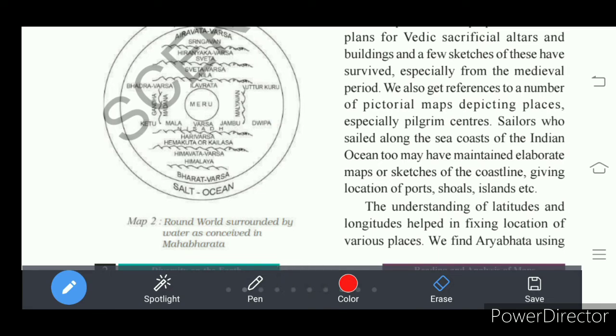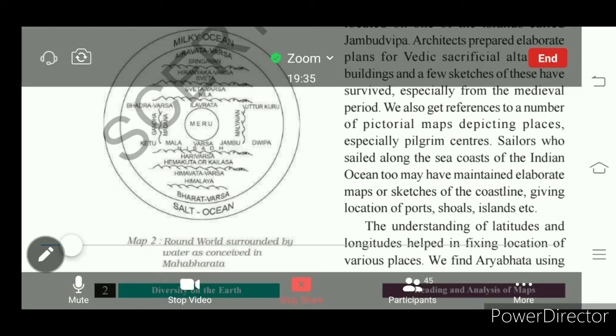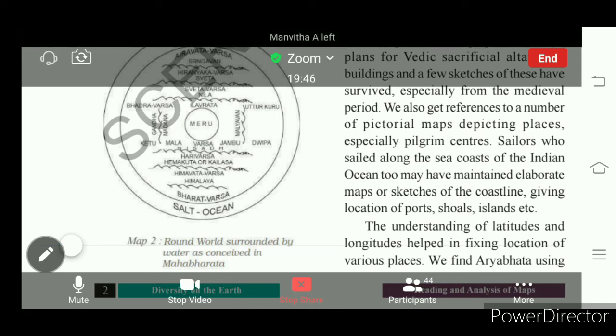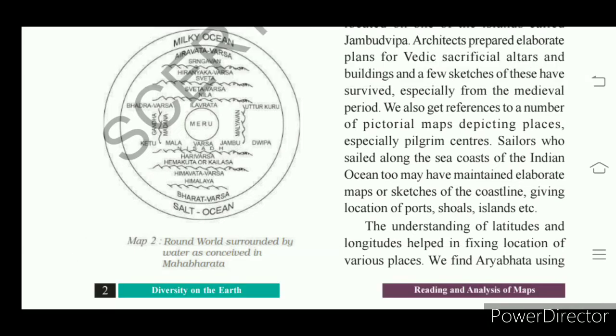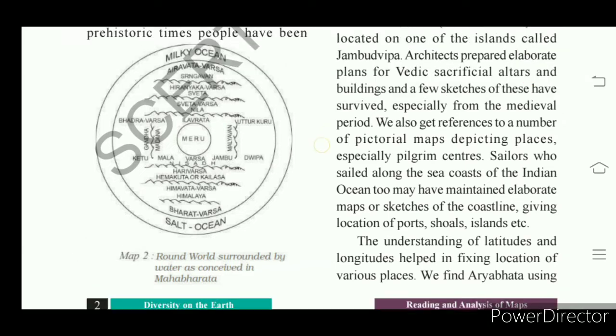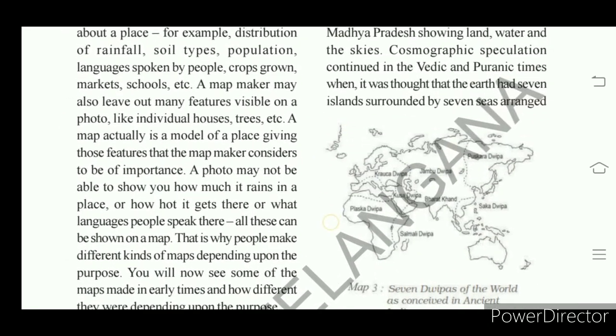And the world is surrounded with salt ocean. Here we see rivers, seas, skies. These are there in prehistoric painting.